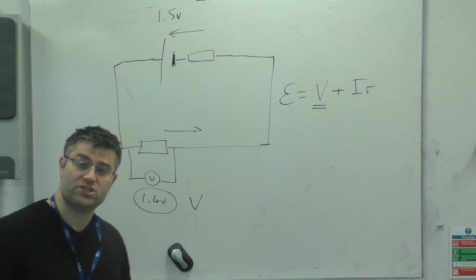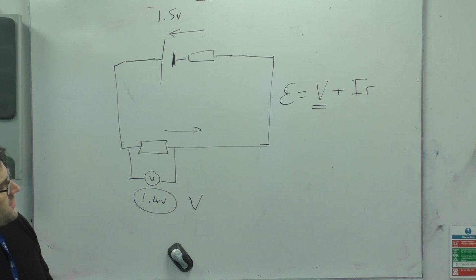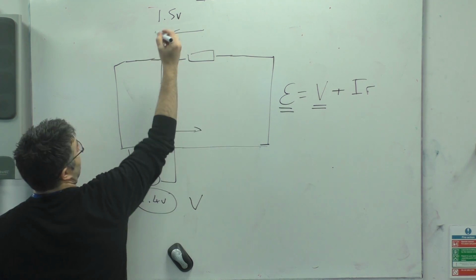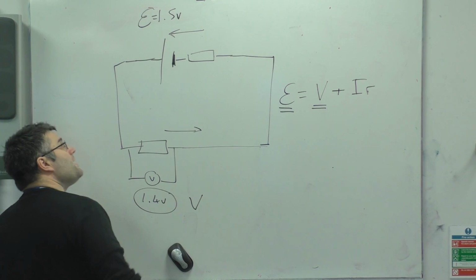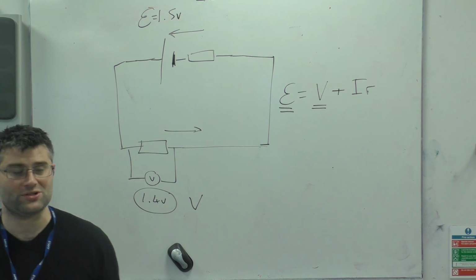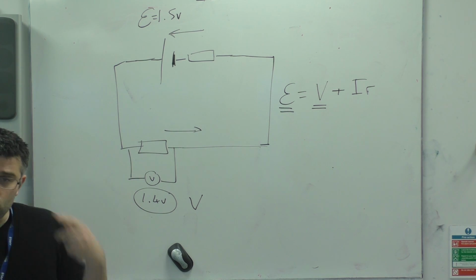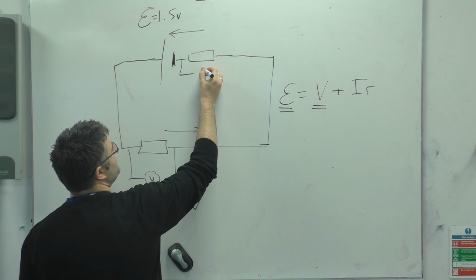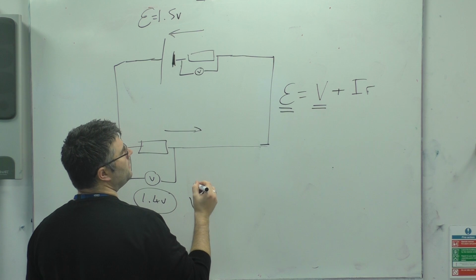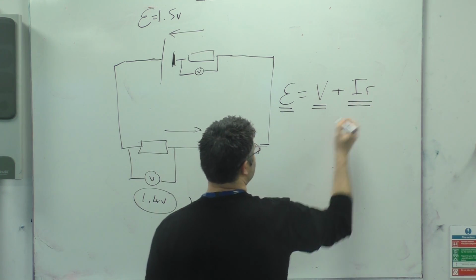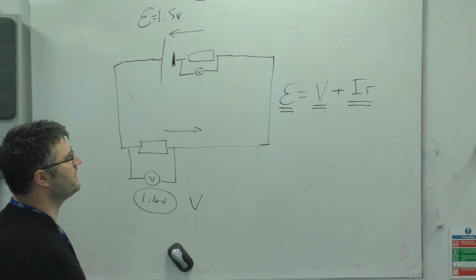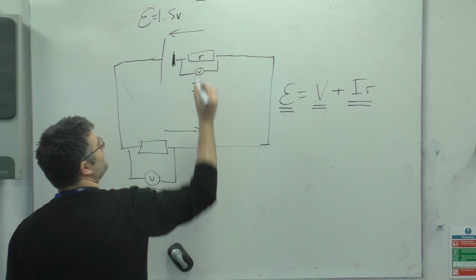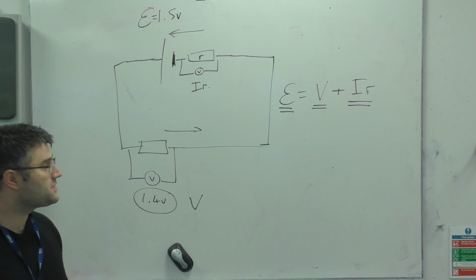So that's the external PD that you're getting out across that circuit. The EMF is this value right here. That's the quoted value of the power supply, or the cell in this case, that should be being produced. And then we've got our lost volts here across our voltmeter, which is attributed to this Ir term over here. So that's Ir, where little r is the internal resistance.